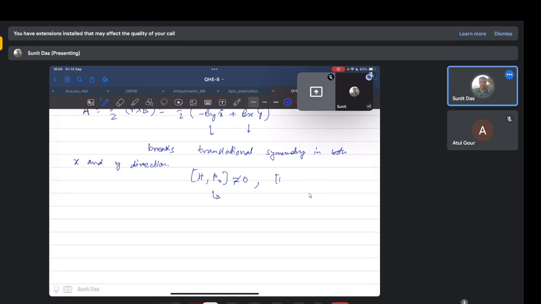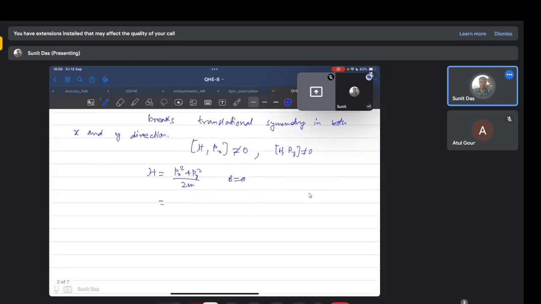Similarly, if the Hamiltonian doesn't commute with py, then the translational symmetry along the y direction is broken, because the momentum operators px and py are basically the generators of translation along their respective x or y direction. For free electrons, the Hamiltonian is simply px square plus py square by 2m, in the presence of no magnetic field.